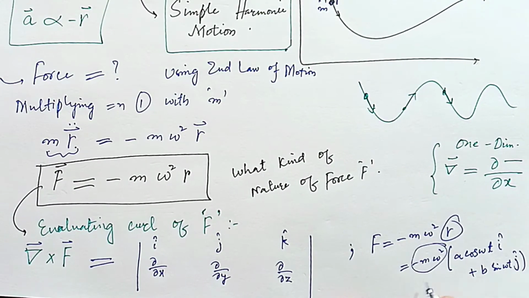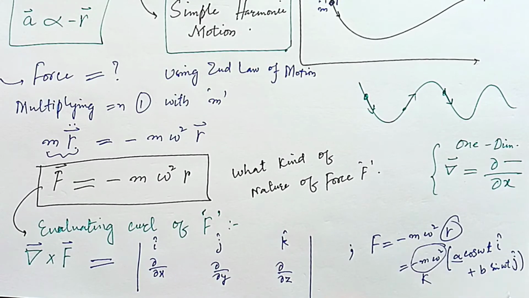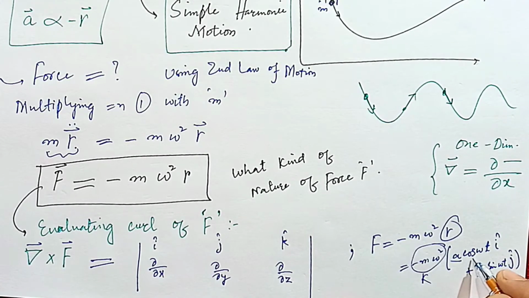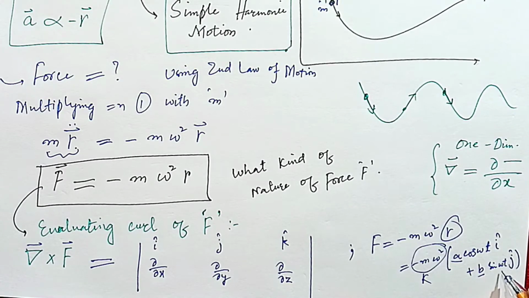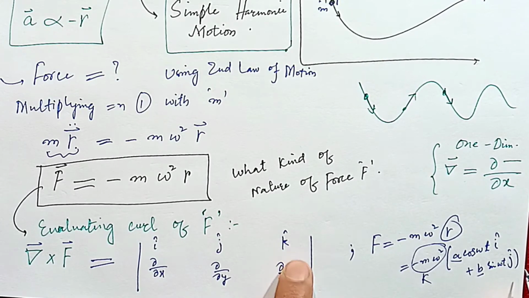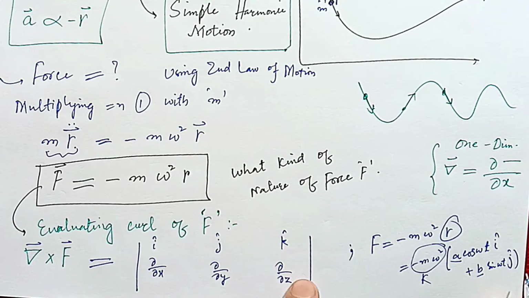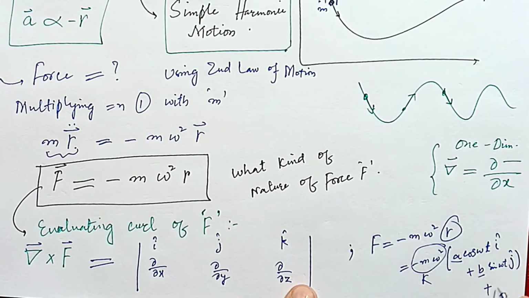This is constant, say it is some constant a, this is also constant. So we actually have two terms here. One is the cosine component along the x-axis and another is the sine component along the j-axis, that is the y-axis, and the third component along the z-axis is missing, that is 0 along k. Fine.